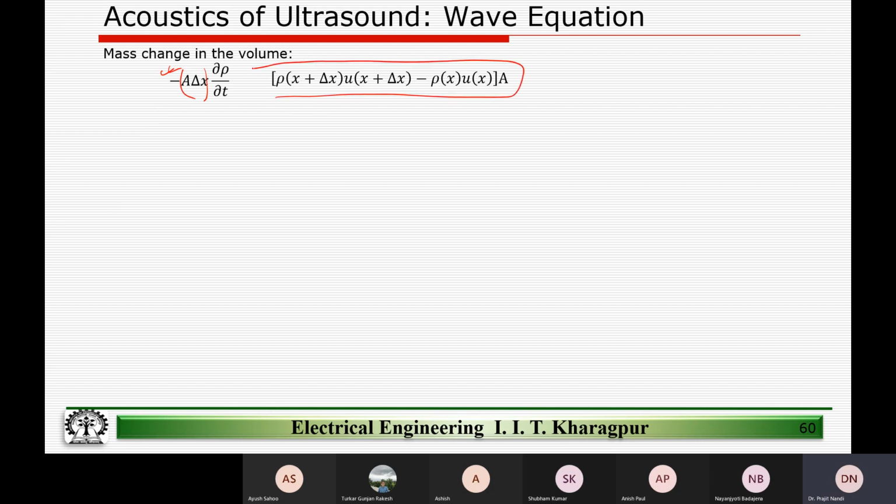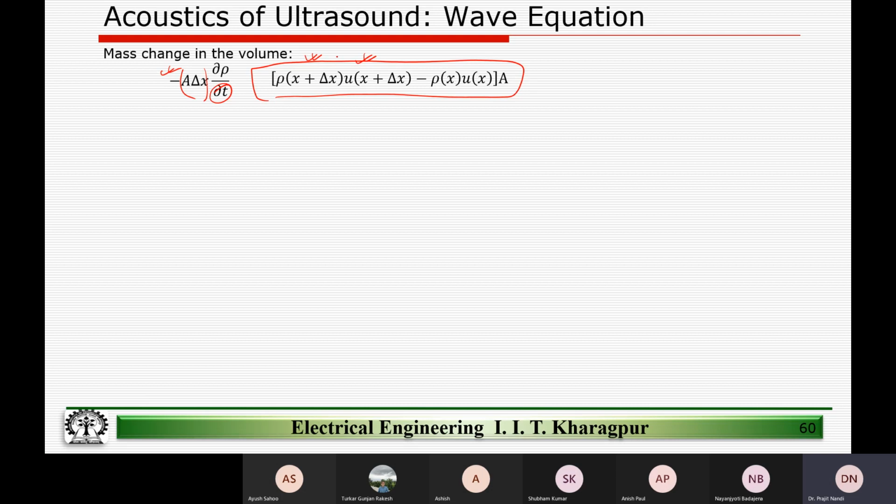It is like this, right? Where at x plus delta x, this is the density and this is the velocity. So velocity multiplied by area will give me the volume. If you look at the dimension, the velocity multiplied by area is going to give me the change in the volume, right? Multiplied by the density at that point, it gives me the change in the mass at that point.